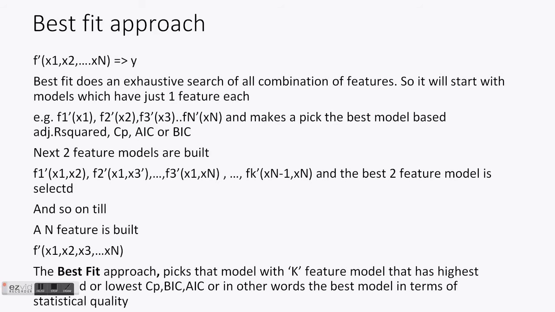Finally it will have a big table of the different models and their corresponding statistical measures, and it will pick the model which has the best measure, that is the highest adjusted R-square or the lowest Cp, BIC, or AIC.